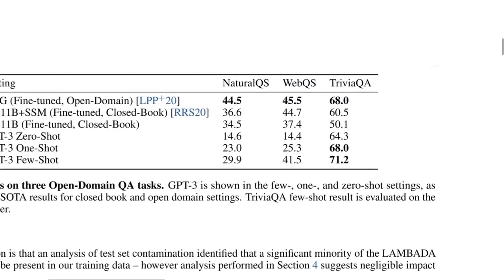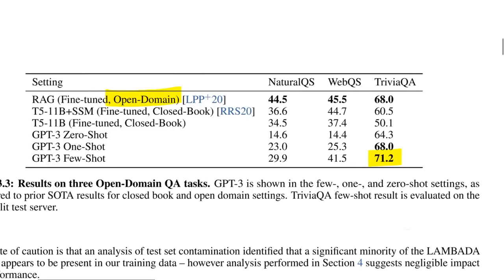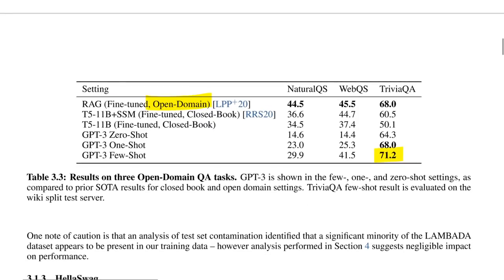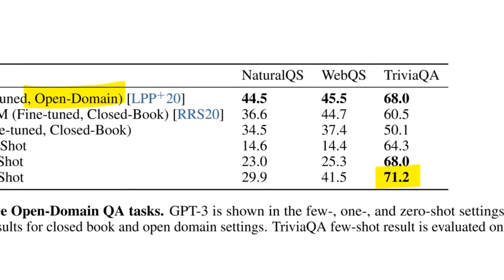So this here is the results on these open domain QA tasks, and you see right here, this few shot outperforms this open domain. And open domain means that the model can go and look at some Wikipedia page. Yeah, so this is pretty cool, but there are other things like natural questions where it underperforms compared to this open domain thing.